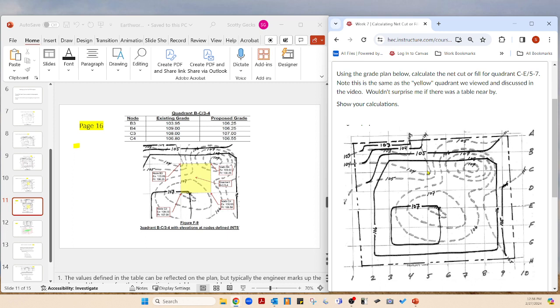Now, interpolating will come along later on when we get into the estimating course, when you actually take and build your own scale and interpolate these things that lie between contours, like this guy right here, he's almost halfway between 107 and 106.